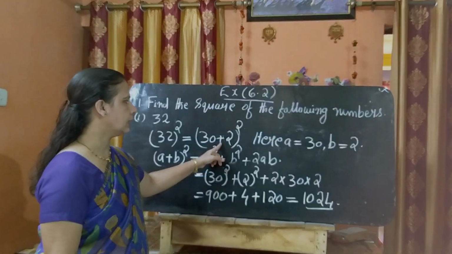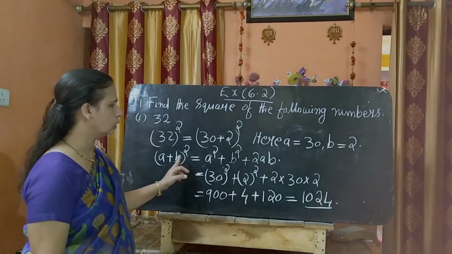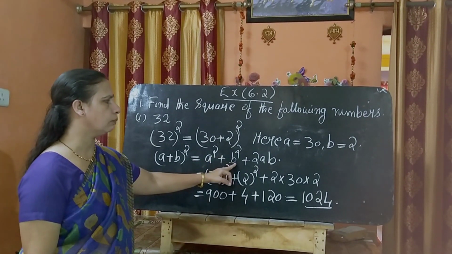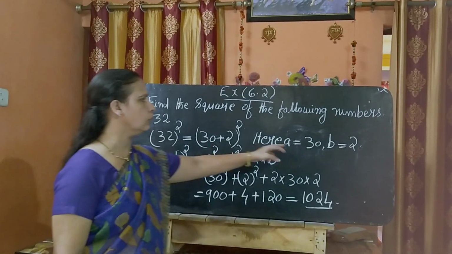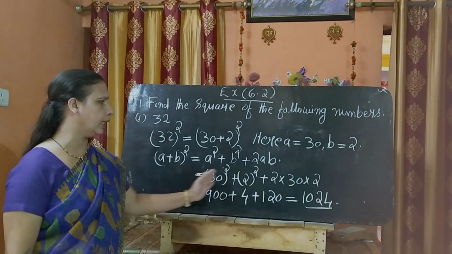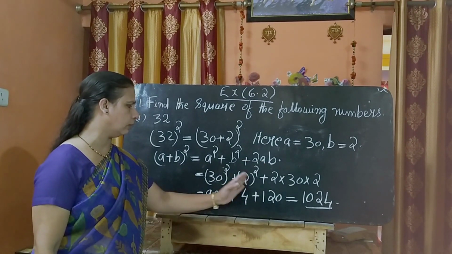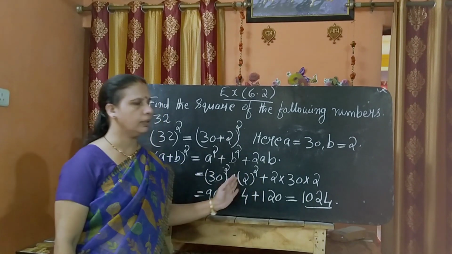Here plus sign, so we are using the identity a plus b the whole square equals a square plus b square plus 2ab. We know that here a is equal to 30, b is equal to 2. Then substitute the value of a and b here. After substituting the value and solving, we will get the answer 1024. Copy down this.